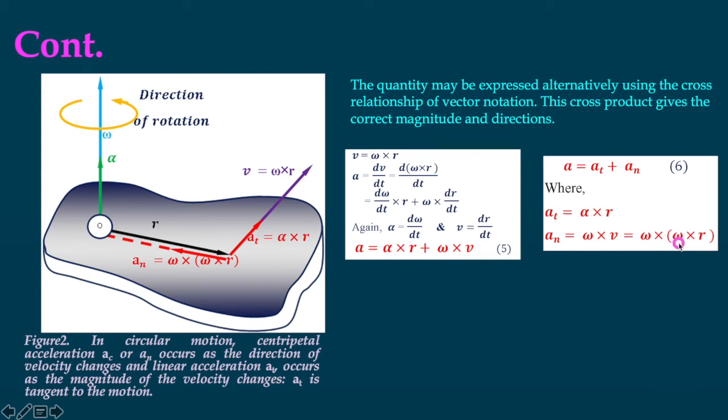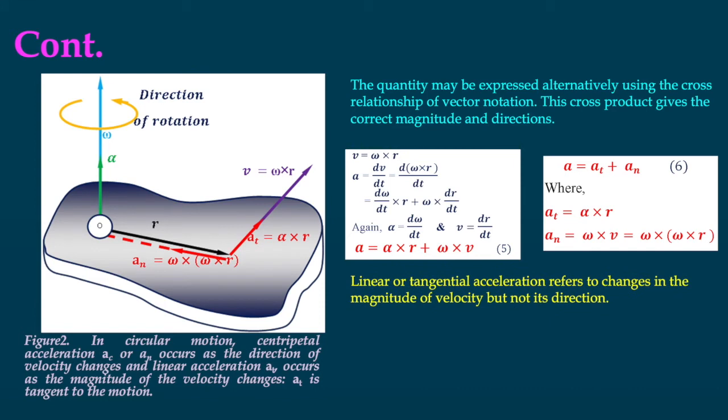So omega cross v is the normal component of acceleration. Now we have to understand that the normal component of acceleration is towards the center, whereas this tangential component is in this direction.